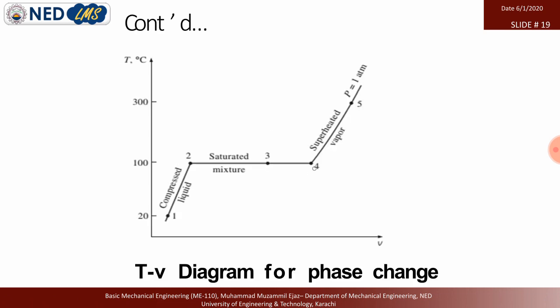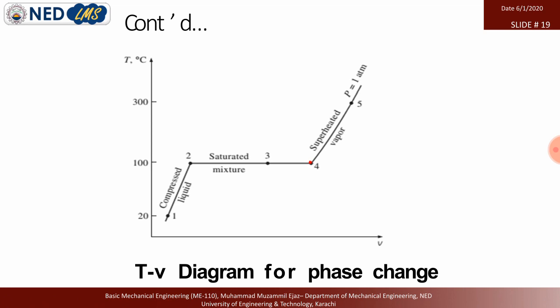After this point, it goes into the single phase of water in the form of steam. If it is water, then it is steam. In normal nomenclature, the name for the gas of water is steam. So we reach that steam, or saturated vapor in thermodynamics terminology, and in general terminology it is simply a gas.